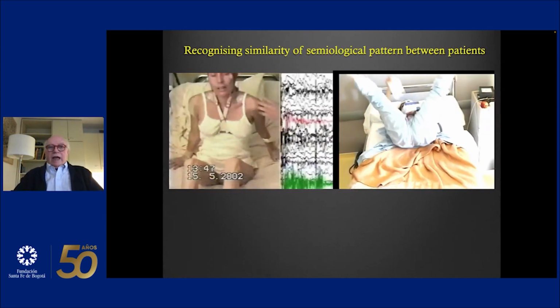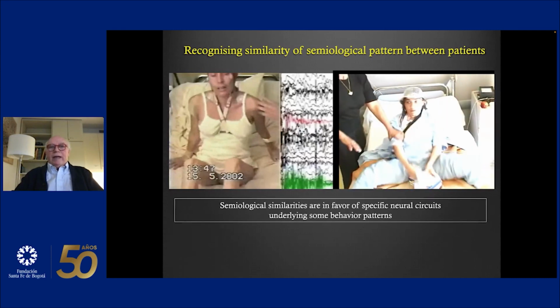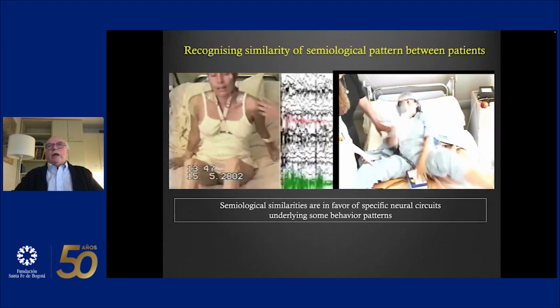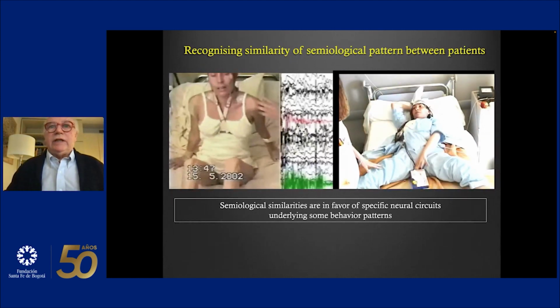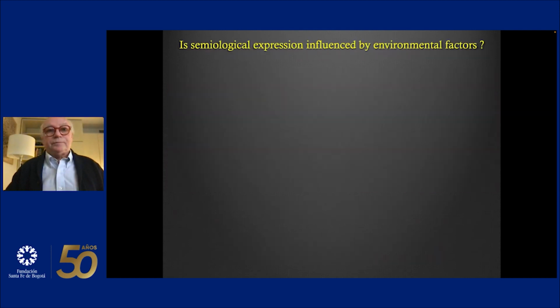So you can have in common similarities of semiological patterns between patients. And when you have a good categorization and a good terminology for this categorization, this is the way you can advance in the recognition of patterns in frontal lobe seizures.